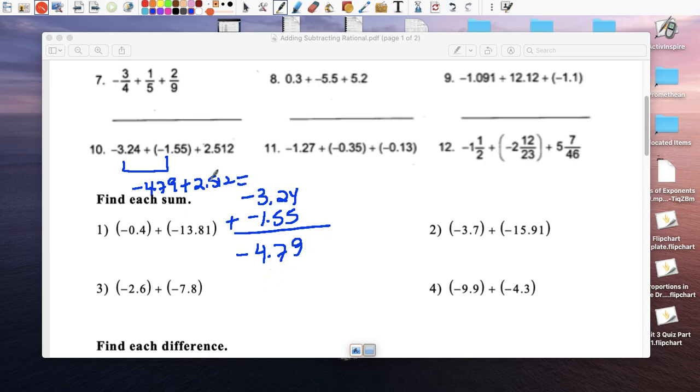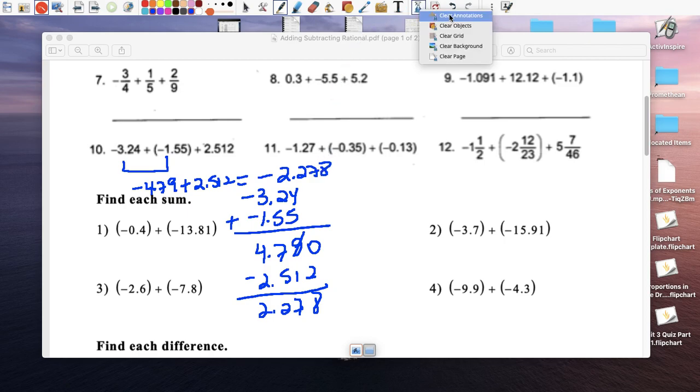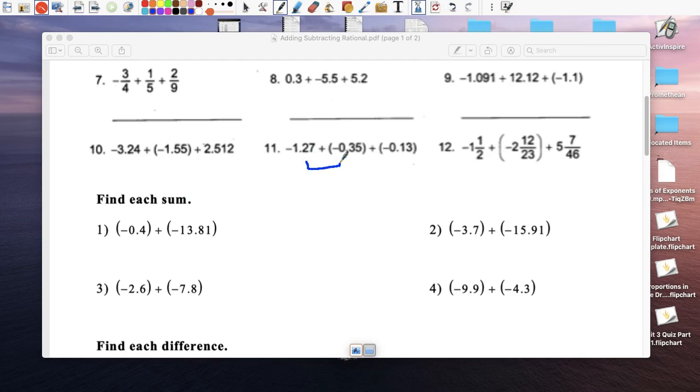We're going to take the sign of the number with the greater absolute value, which is negative 4.79, so that's going to give me a negative. So let's do negative 4.79 minus 2.512, placeholder, 10 minus 2 is 8, 8 minus 1 is 7, 7 minus 5 is 2. And we get negative 2.278.